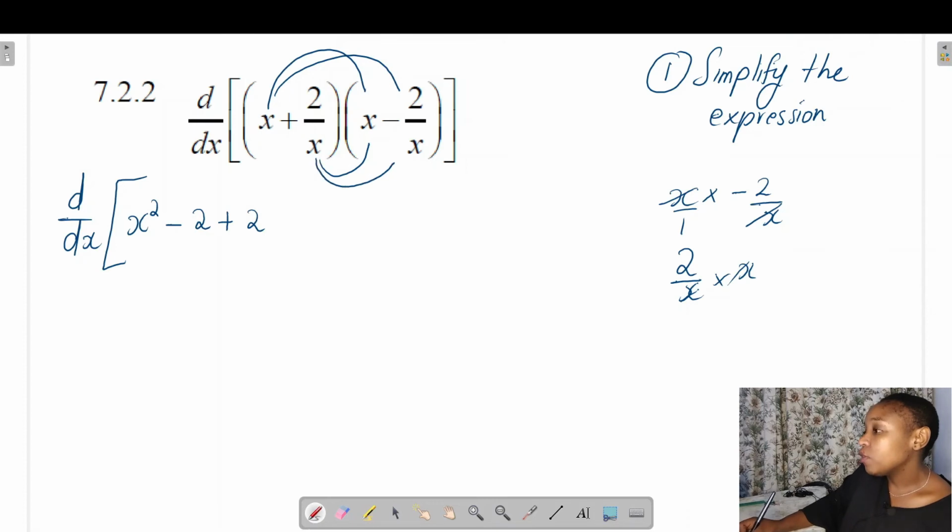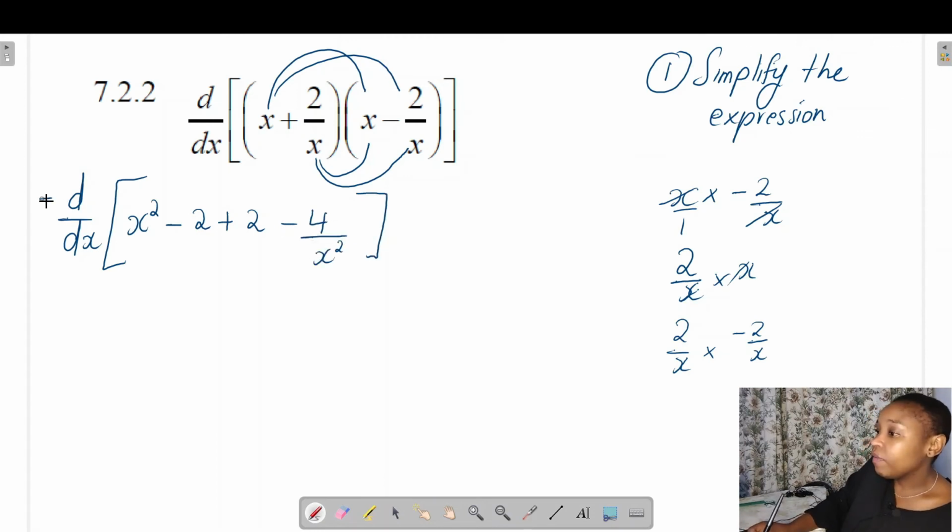And then positive 2 over x multiplied by negative 2 over x is going to be equal to negative 4 over x squared.